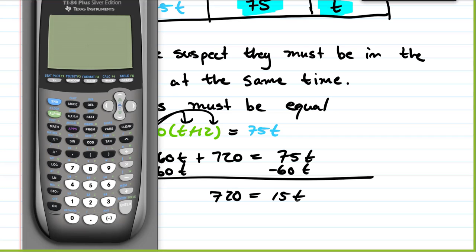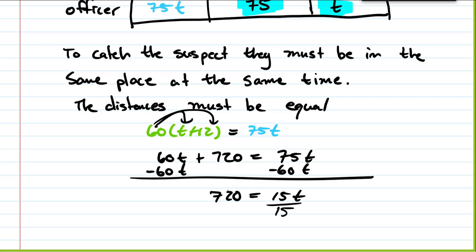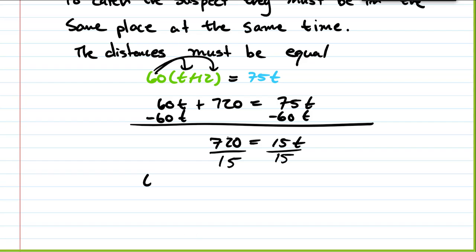And so 720 divided by 15 gives us 48. So T equals 48. So in this problem, it would take 48 minutes for the highway patrolman to catch up to the suspect.